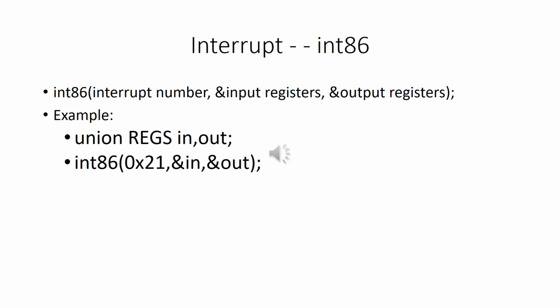For example, if we have in and out, 2 unions of the type REGS, then int86 within the brackets, when we want to execute the interrupt 21H, we should write it as 0x21. 0x indicates the hexadecimal equivalent of 21. So 21H, and in and out, that is input registers and output registers.